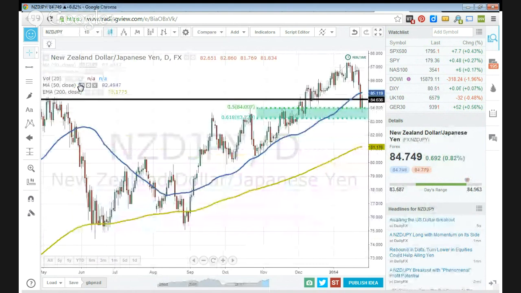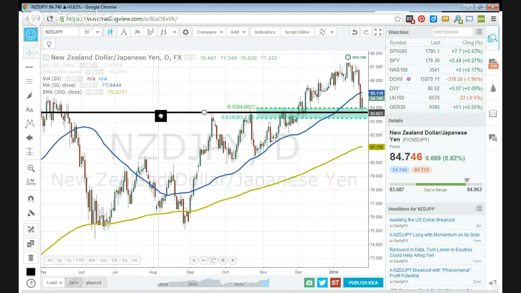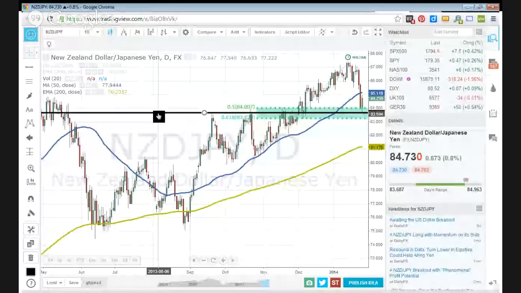Kiwi Yen. Okay. This is interesting. Let's see, this chart right down here. Huh. Okay. We're clearly at a support level. Yeah, I see no reason to not enter Kiwi Yen here. Let's see.